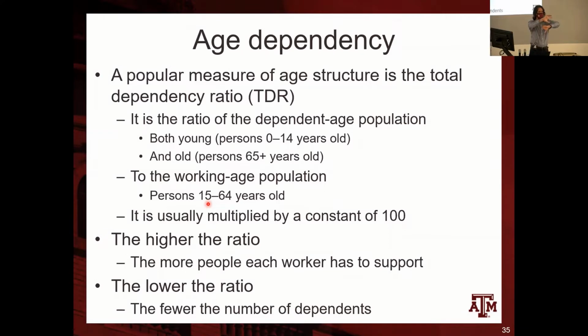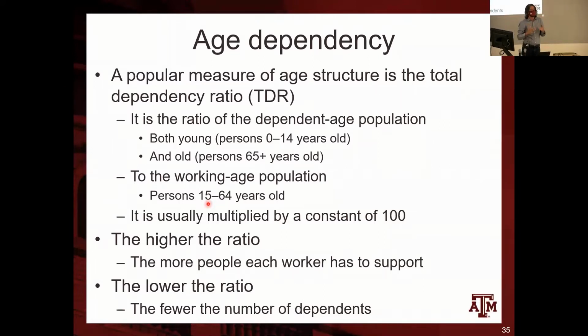I'm just comparing the size of two groups. The first group is the one where I'm combining children and older people. The second group is working age people. And then I divide one by the other. So that's why it's called a ratio, because people being counted in the denominator do not have a chance to enter the numerator in that specific year, in that specific population.